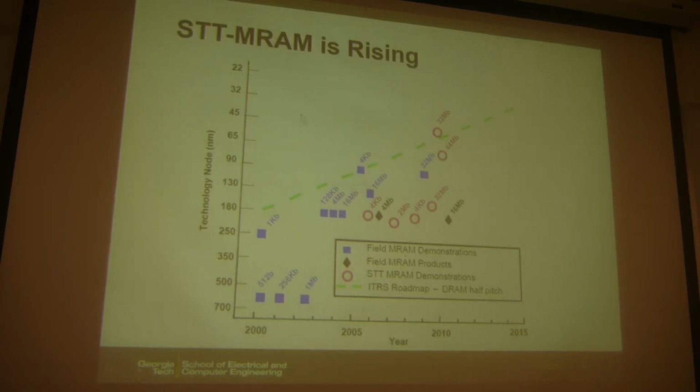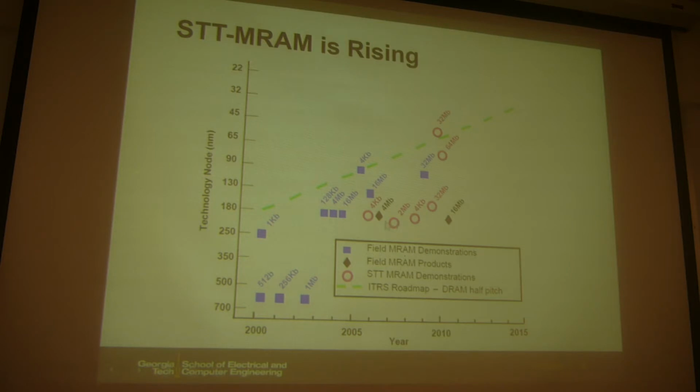So this is, let's say, the development of the MRAM from around 2000. In the early stage, early 2000s, industry focused on the Field-MRAM, and we have this like 60 megabit demonstration.